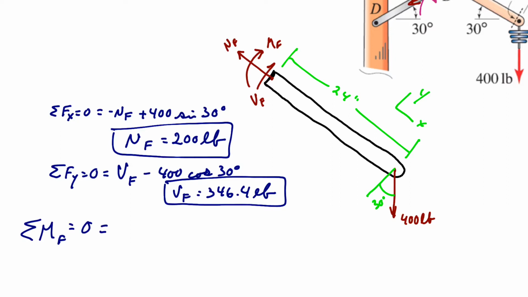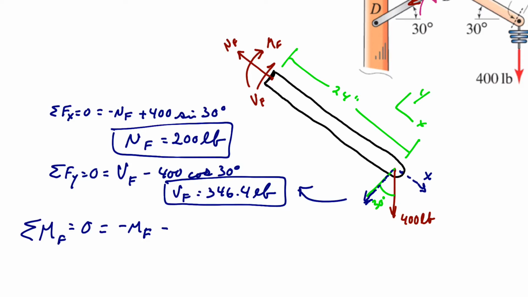I will have a minus M sub F, which is the moment at that cut, my internal moment, minus the component of this 400-pound force, which will cause a moment in the clockwise direction, which will be a minus. The other component, of course, is in line with it, so that will not cause a moment.